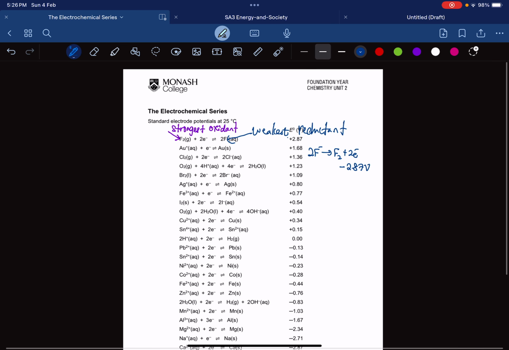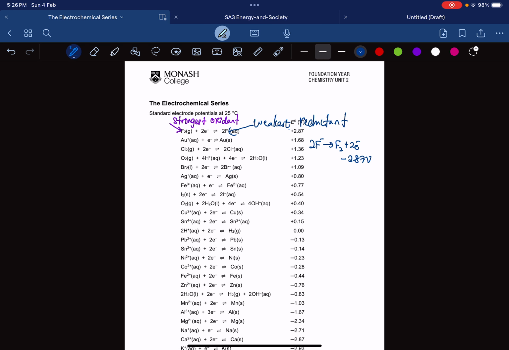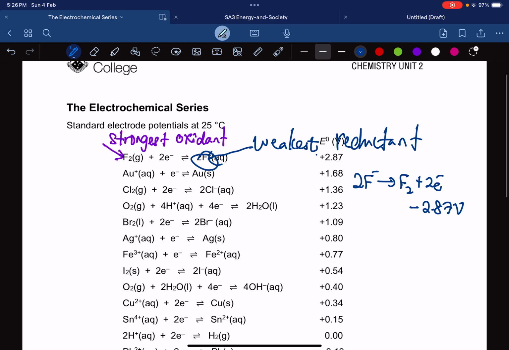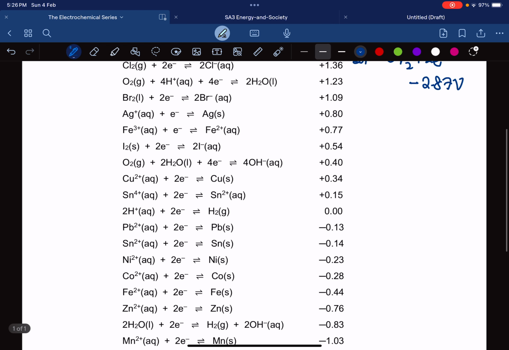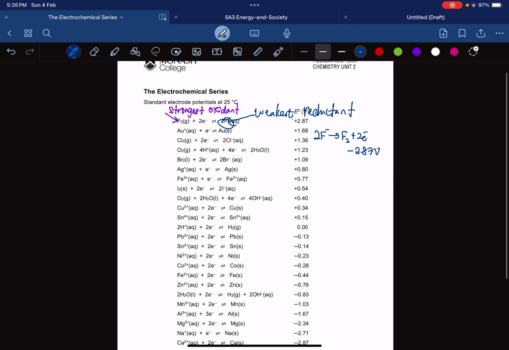So the moral of the story is, if I am a strong oxidant, my partner is a weak reductant. But if I'm a strong reductant, then my partner is a weak oxidant. It's opposite. I cannot be both strong and weak. I have to be strong at something and weak at something else. That's how it works. So that's the electrochemical series.